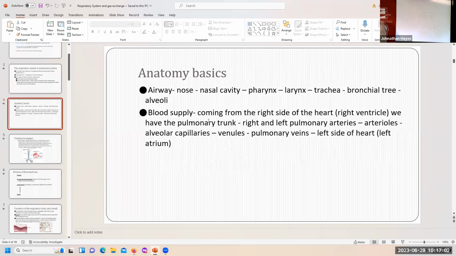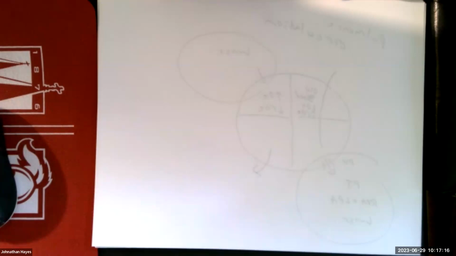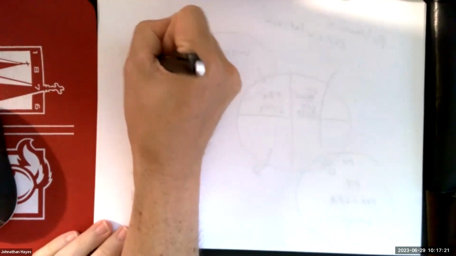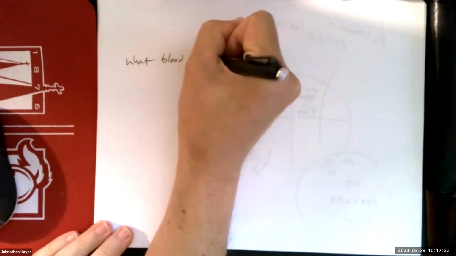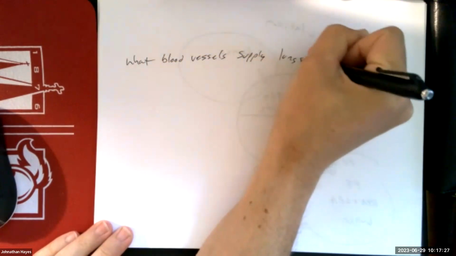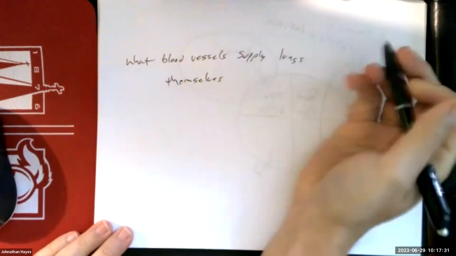So again, airway, blood supply. If you ever get asked a trick question about what blood vessels actually supply the lungs themselves, pulmonary vessels don't do it. So trick question. I'm not necessarily going to ask it, but if this ever comes up, pulmonary vessels won't do it, right?